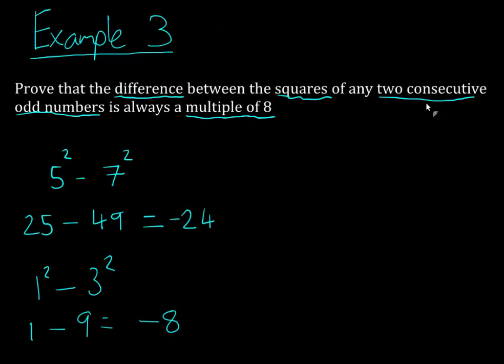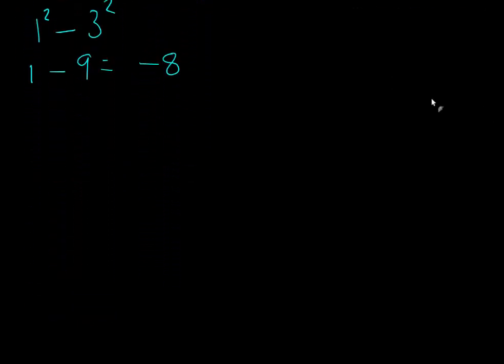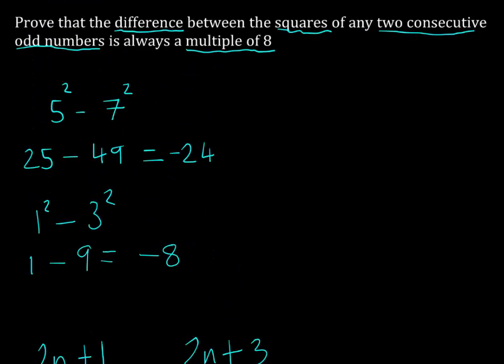So it works with regular numbers, but that's not going to be enough to prove it. So let's think, how do we write two consecutive odd numbers? Thinking back to our statements, have a look back at them if you've written them down. We wrote an odd number was 2n plus 1. And then we wrote the next odd number is 2n plus 3. And it says in the question we need to square them.